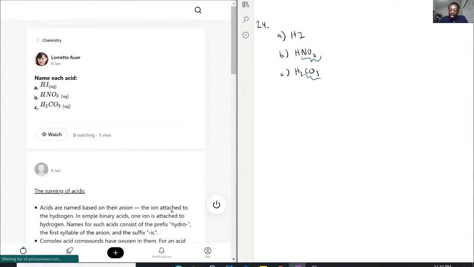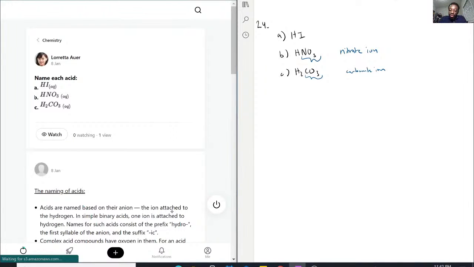What do I mean by ates? These right here, the polyatomic anions: this is known as nitrate ion, and this is known as carbonate ion, okay? And they have very specific naming rules when it comes to changing that into an acid.